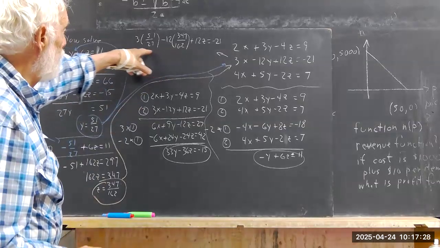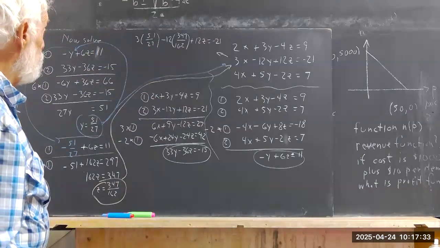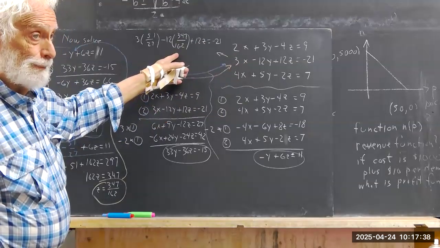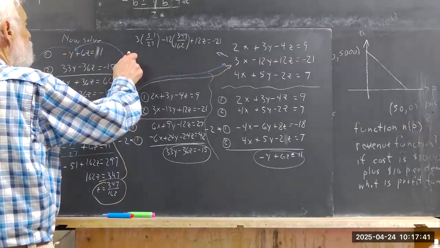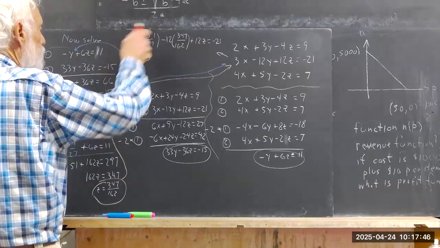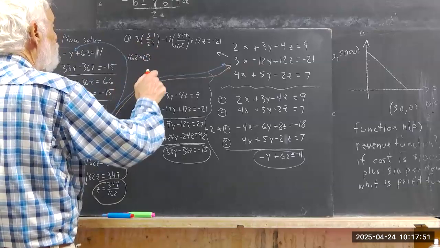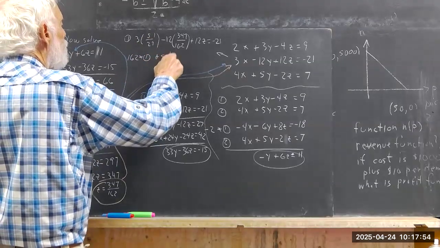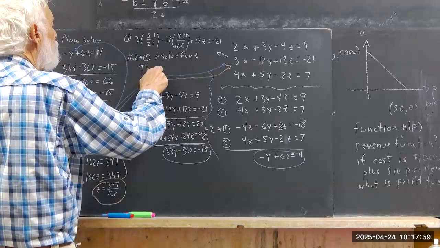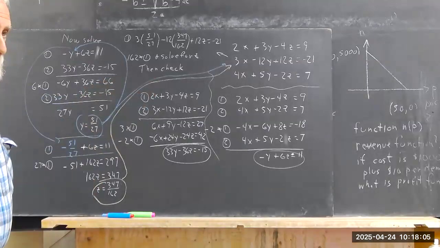Now 162 is a multiple of 27. 6 times 27 is 162. So we can multiply through by 162 here. That's saying we solve for z and then check.